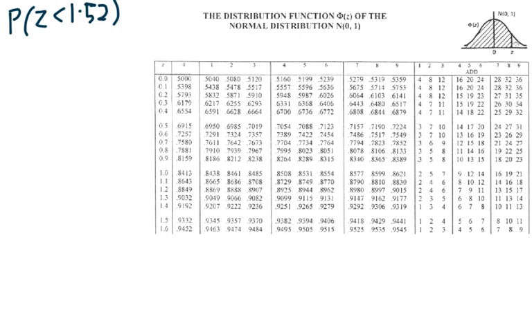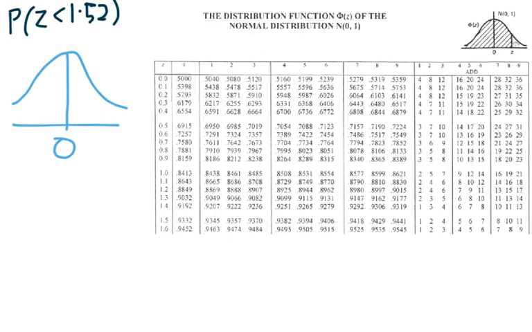Whenever we have the probability for Z with a value, the first thing you need to do is always draw your standardized normal distribution. In the standardized normal distribution, the mean is 0.